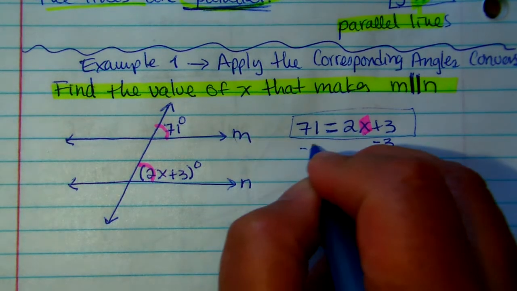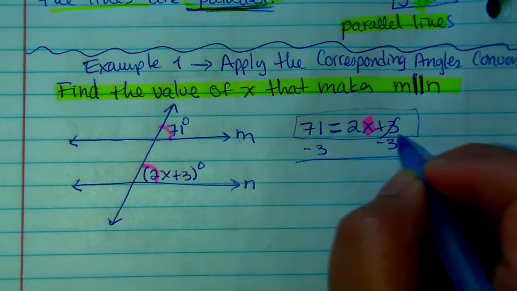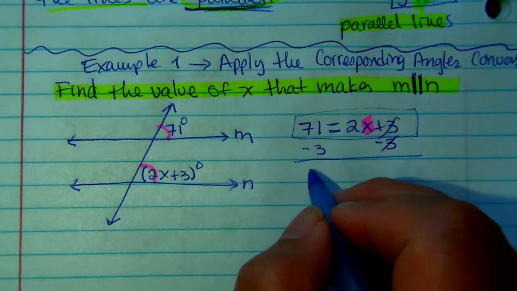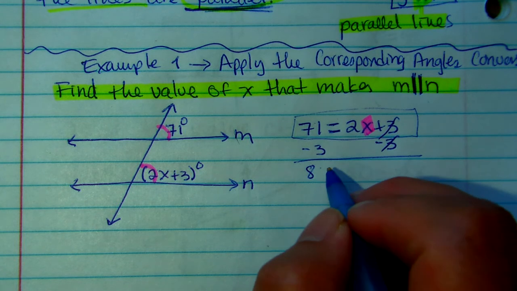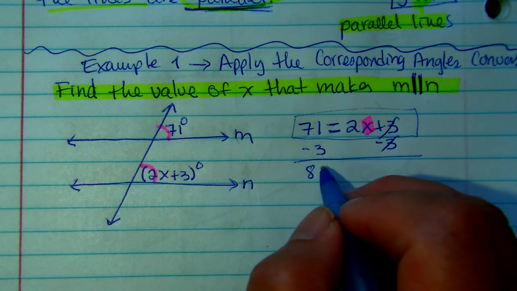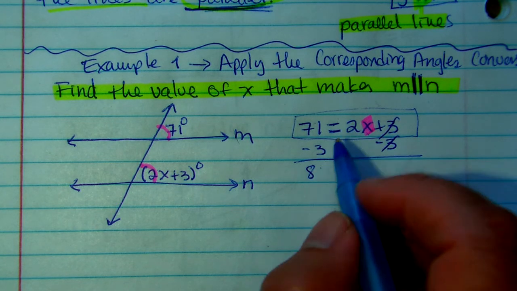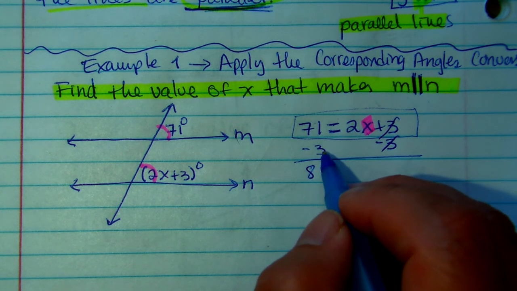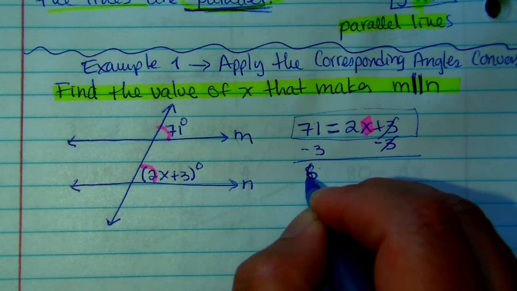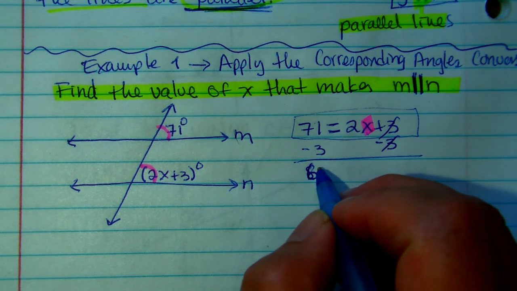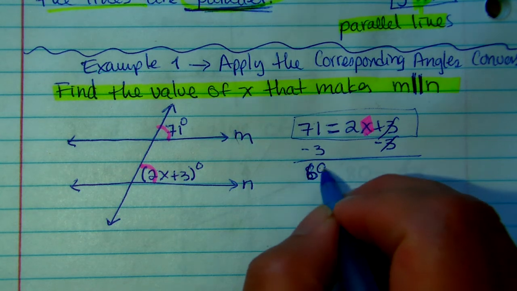Subtract 3, subtract 3. 71 minus 3 is going to give us 82. No, I'm sorry. 80. Válgame. 60. 69, 69.